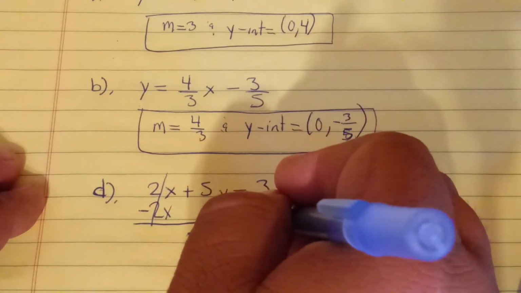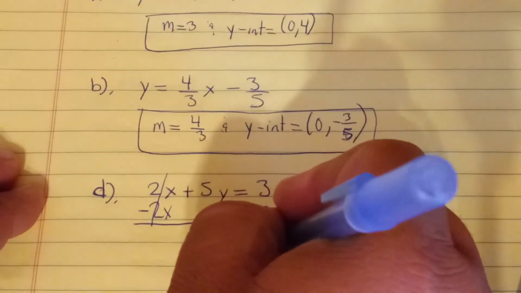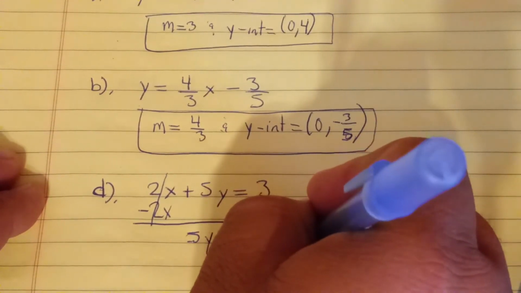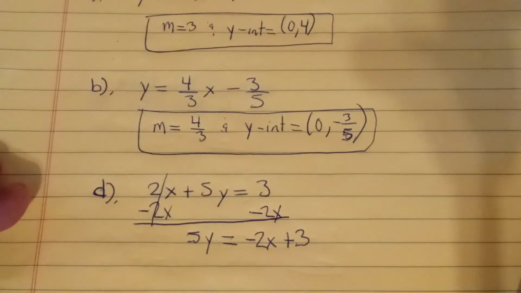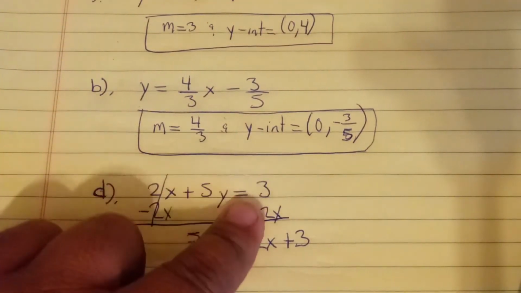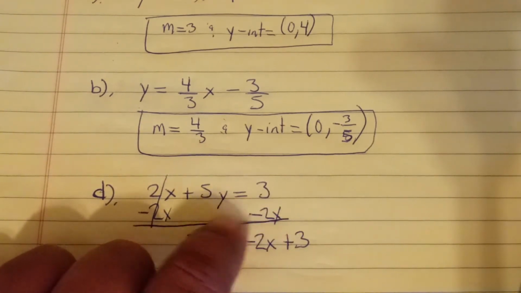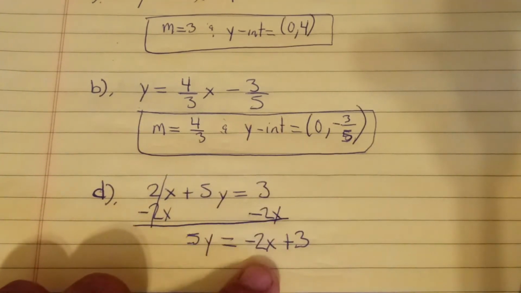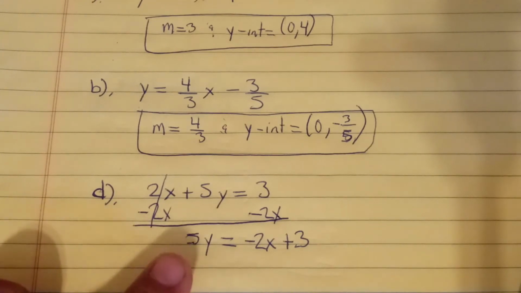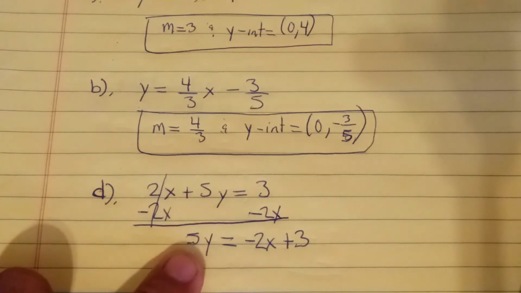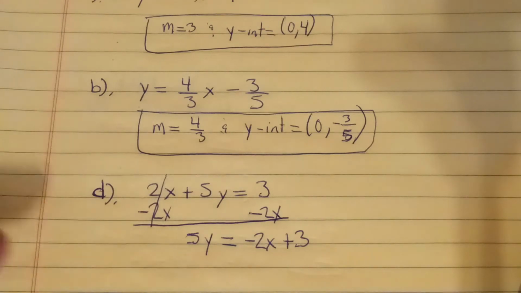Make sure you put x first, negative 2x, and this is a positive 3. Once again, keep in mind that you cannot combine these because one is just a whole number and the other one has a variable attached to it. So you need to rewrite it this way. All right, so we're getting close, but we still need to get rid of the 5 in order to have y by itself. So remember, this is 5 times y, so you do the opposite.